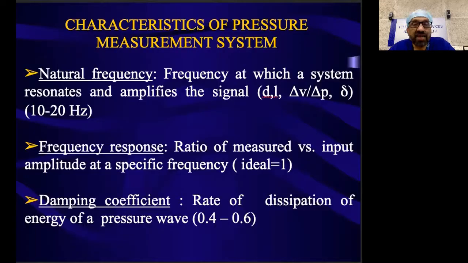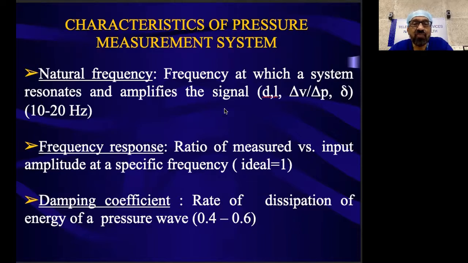Coming to the physical characteristics, there are 3 physical components of pressure monitoring when we talk about direct arterial blood pressure monitoring. These are the natural frequency, frequency response, and the damping coefficient. Natural frequency refers to the frequency at which the system resonates by itself and amplifies the signal and produces the result or digital reading on the monitor.